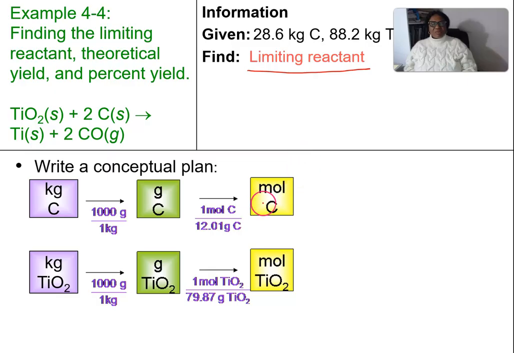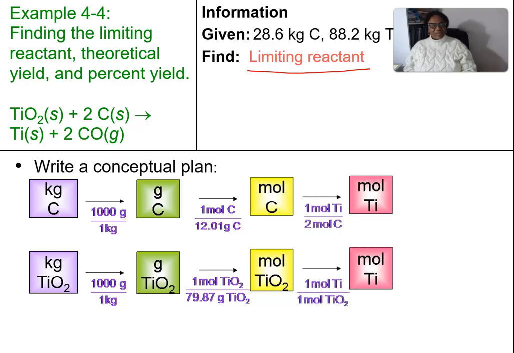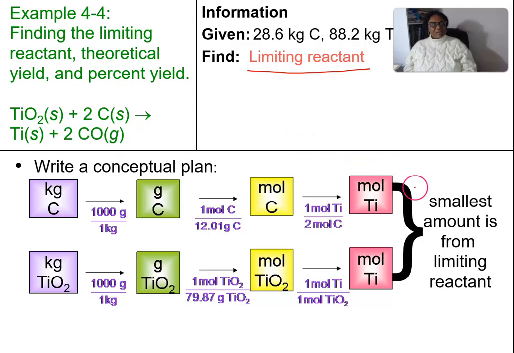Then we'll convert to the number of moles of titanium, because that's what we want. We'll use the different reagents to find the number of moles that each can produce. The one that gives us the least amount of moles of titanium is the limiting reagent.